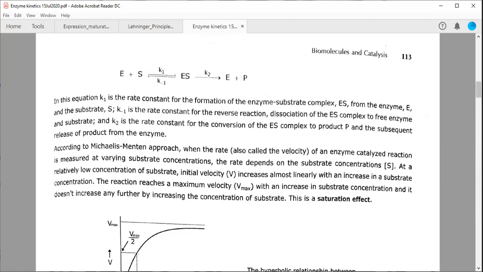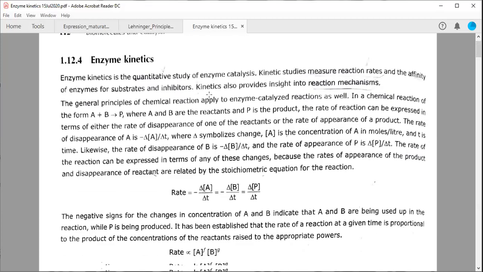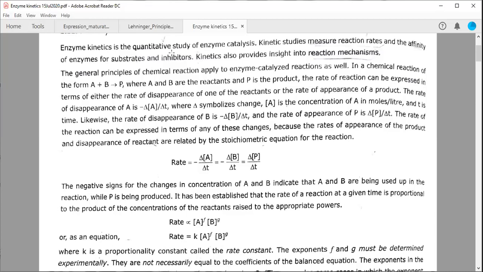So we were here. Enzyme kinetics is a quantitative study, not a qualitative study. Here we are dealing with numbers of enzyme catalysis. The kinetic studies measure the reaction rates and the affinity of enzyme for substrate and inhibitors.